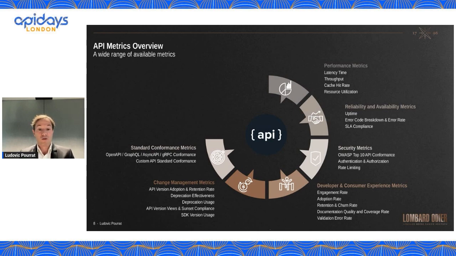But also, what about the versions being used and your sunsetting? And also, if you have generated SDKs, how they are being used and which versions are being used in your ecosystem.